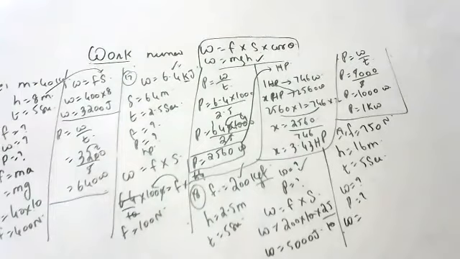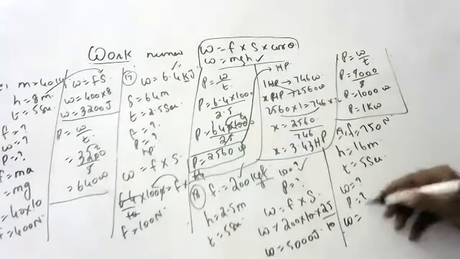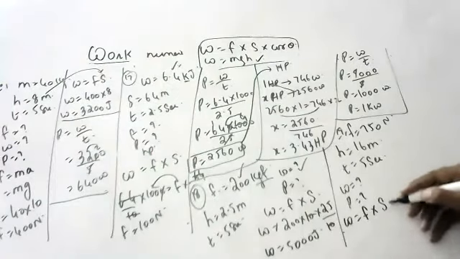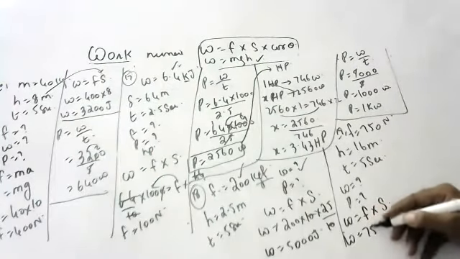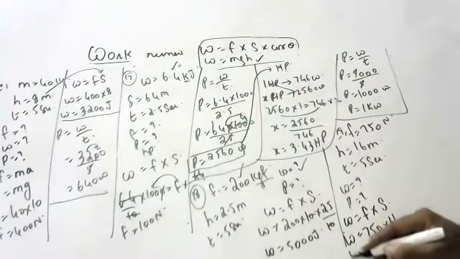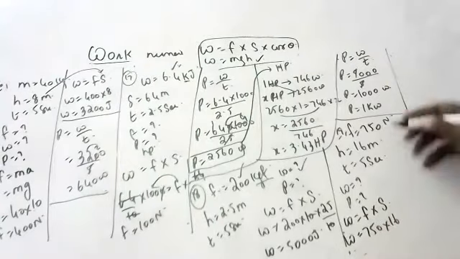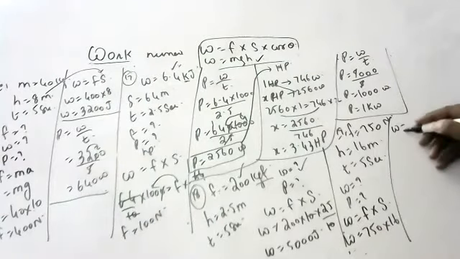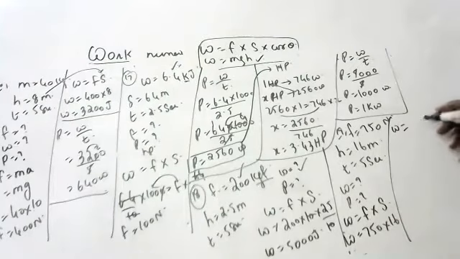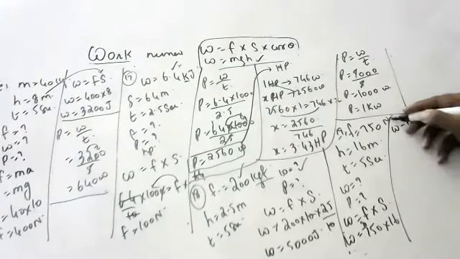Work is equal to force into displacement. So that is 750 into 16. 16 fives are 80, 16 sevens are 112, 112 plus 8 is 120. 12,000 joules. Now the power?